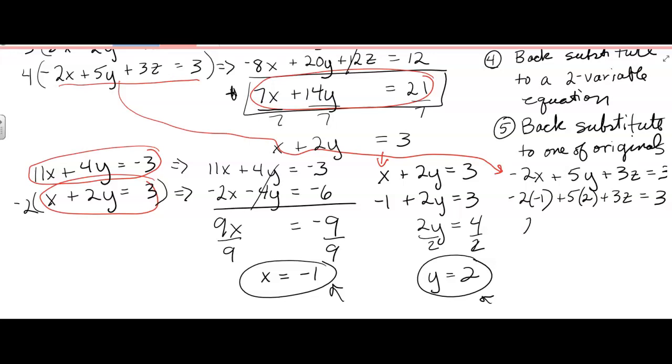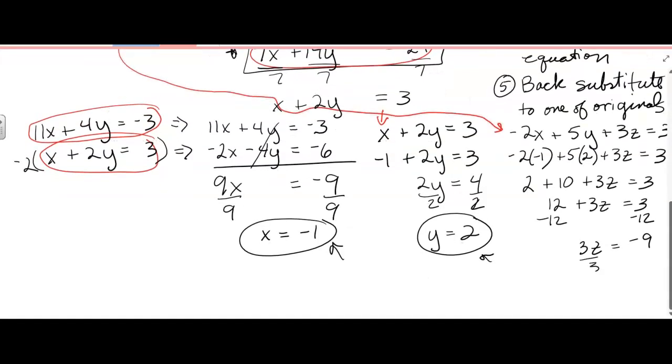Negative 2 times negative 1 is 2. 5 times 2 is 10. 2 and 10 is 12. If I subtract 12, I get 3z equals negative 9. And then finally, if I divide by 3, I get z equals negative 3.